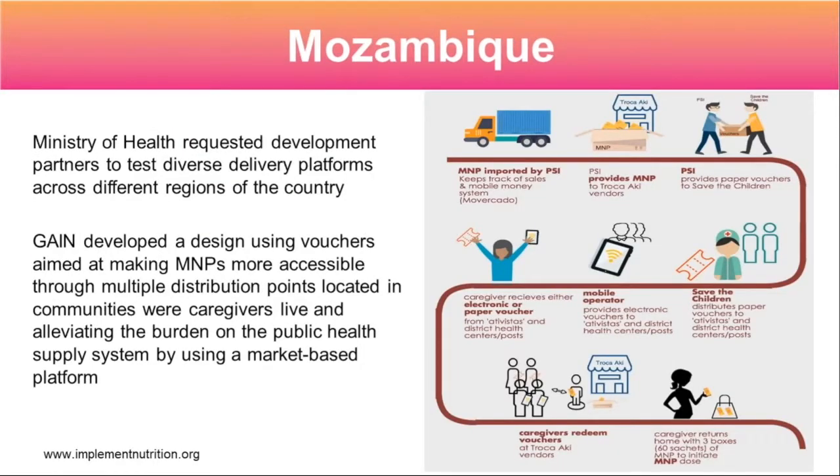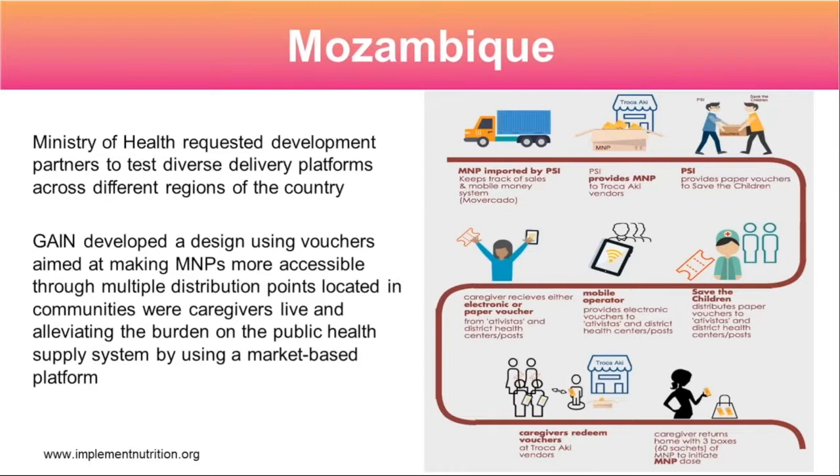In Mozambique, the Ministry of Health requested development partners, including GAIN, to test diverse delivery platforms across different regions of the country. We worked in Sofala province. We developed a design using vouchers aimed at making MNPs more accessible through multiple distribution points located in communities where caregivers live, and thereby alleviating the burden on the public health supply system by using a market-based platform.